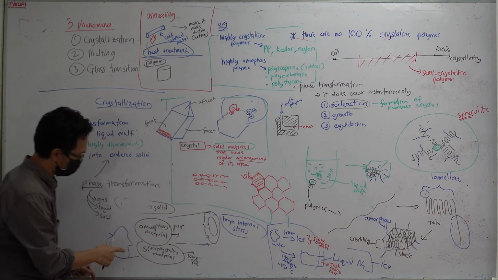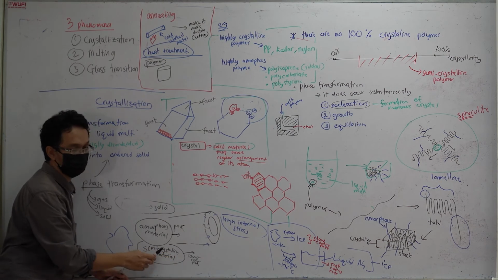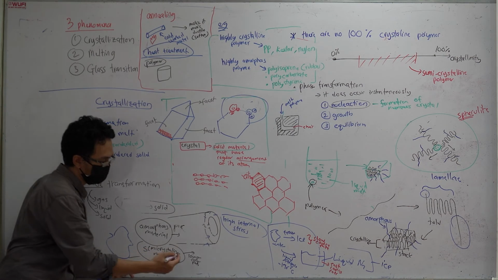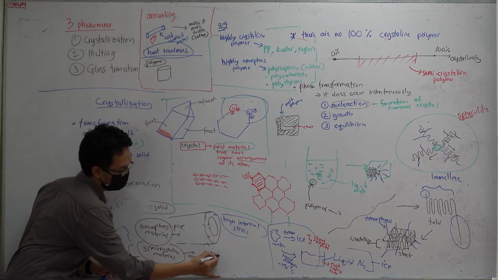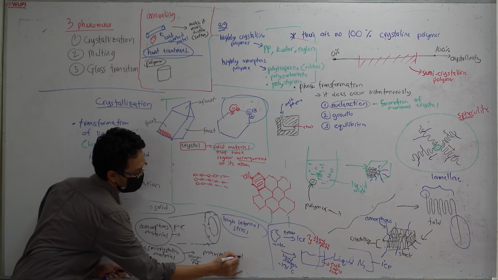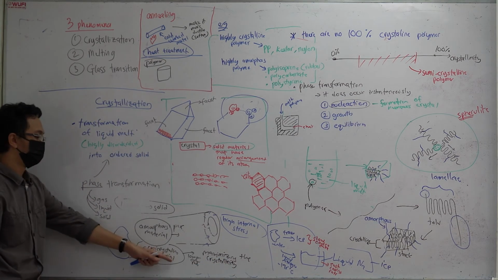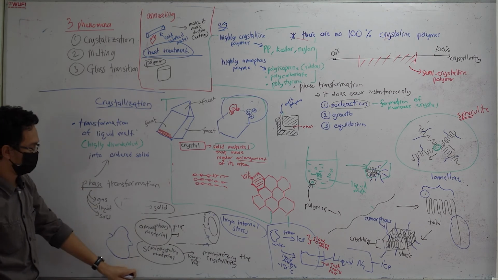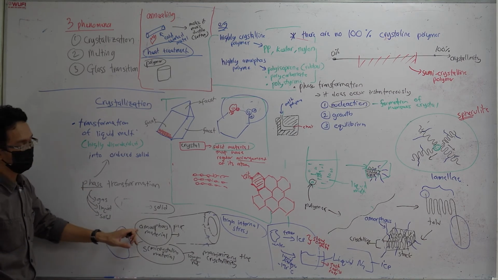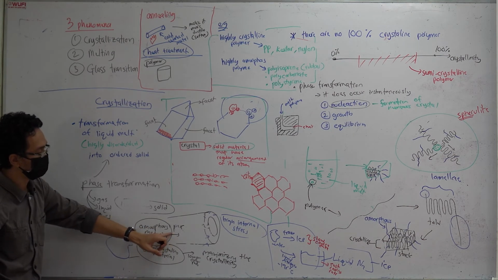If you use a lower cooling rate for semi-crystalline material, for example a polymer, you are maximizing the crystallinity of the polymer itself.